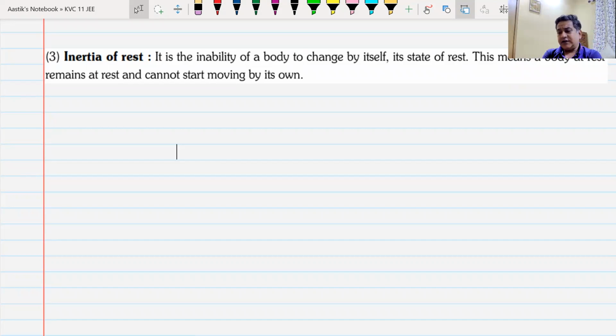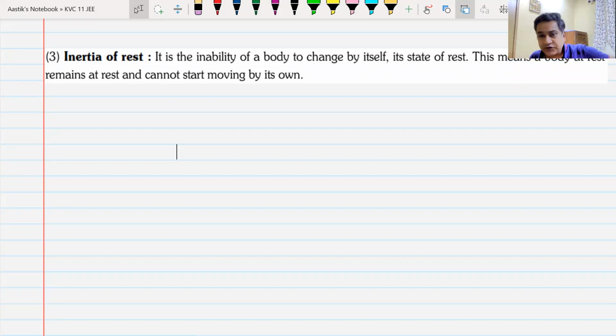If I am in a bus and the bus is at rest, suddenly the bus starts to move, I will experience a jerk. Why will I experience a jerk? Because the upper part of my body, which is not in contact with the bus, wants to remain at rest, but the lower part of my body, which is in contact with the bus, will start to move. I will not start to move, therefore I will get a jerk.